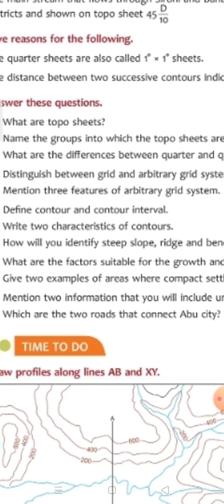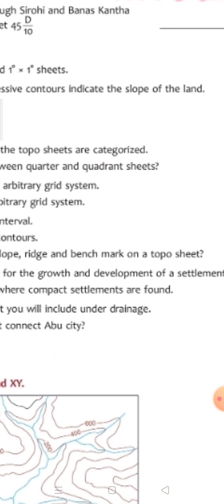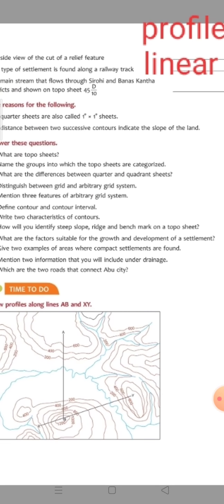How will you identify steep slope, ridge, and benchmark on a topo sheet?